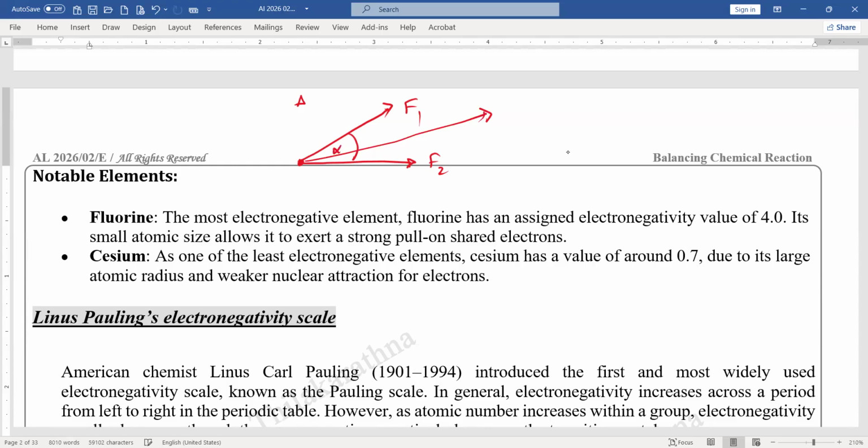If the angle is alpha, then this resultant can be calculated: R square equals F1 square plus F2 square plus 2 F1 F2 cos alpha.